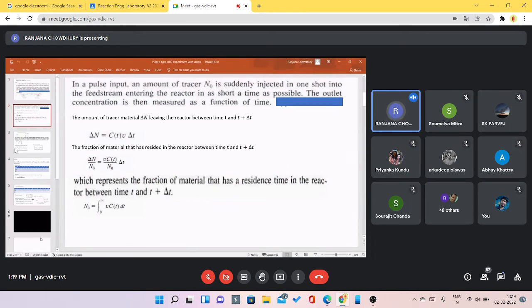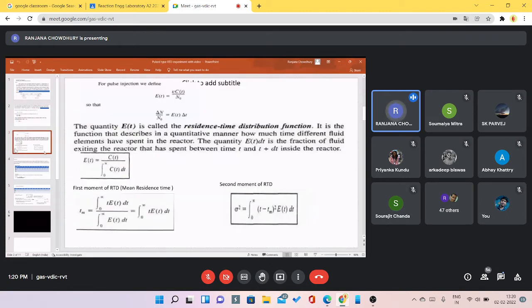It is not possible for anyone to allow infinite time, so this experiment is conducted up to a time when the outlet concentration of the tracer drops to zero.